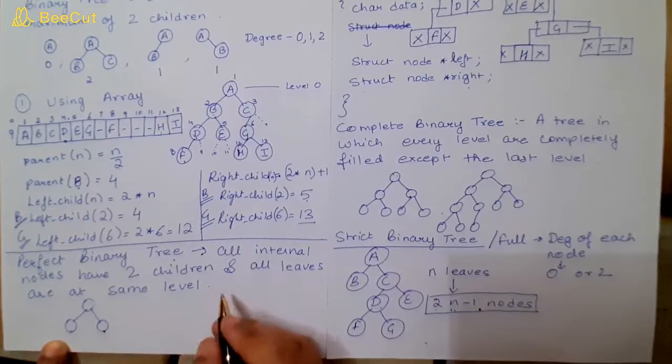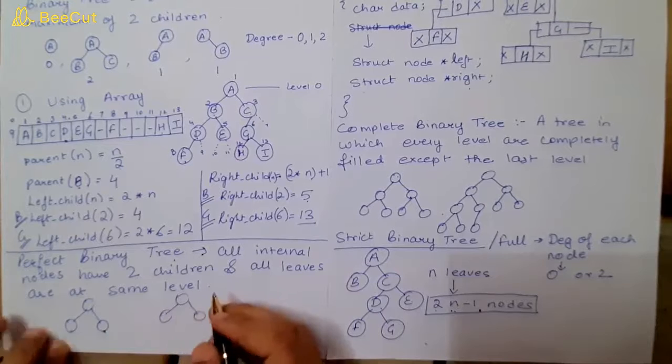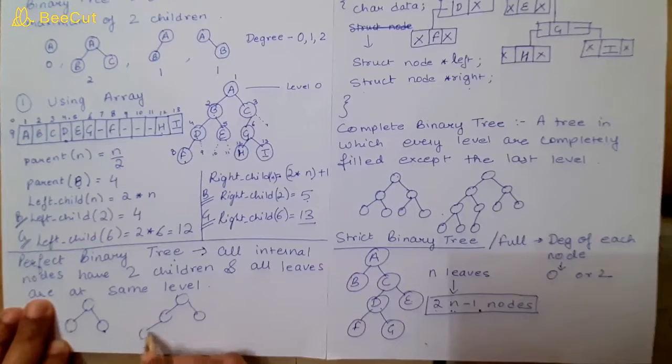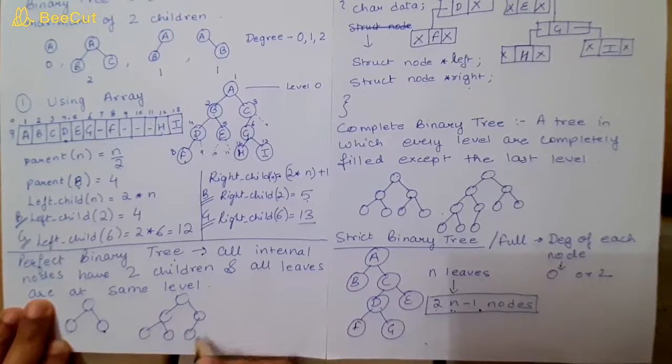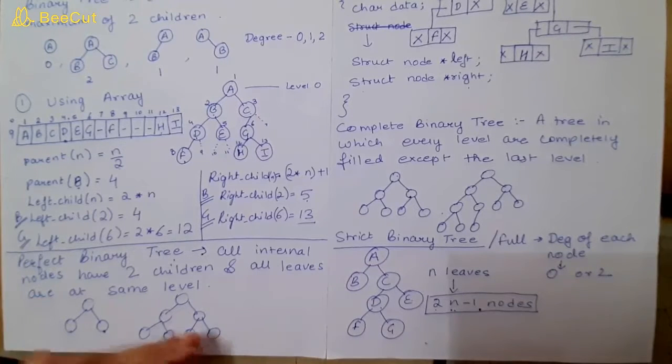Or you can have an example like this. Okay, this will be your perfect binary tree. Like this you can increase the number of levels, and in each level it will be completely filled. That means all the leaf nodes you have to show in the perfect binary tree.